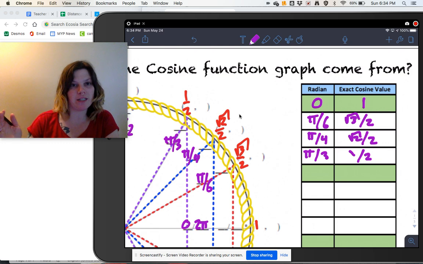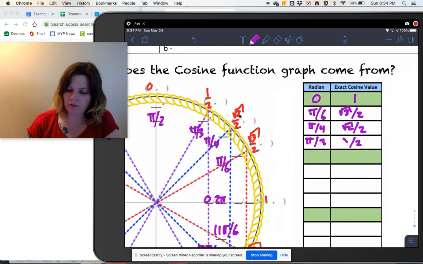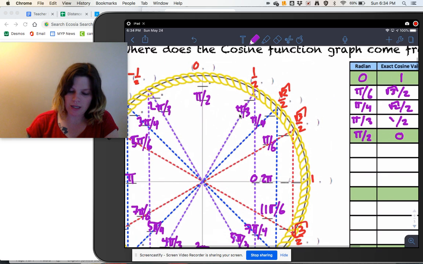A smaller x value means you're closer to the y-axis. And then finally, pi over 2, we're back at 0. So we're at a maximum, we're going down to 0, instead of sine, which starts out going the opposite direction. Let's keep going. Next, we got 2 pi over 3. That x value is negative 1/2.